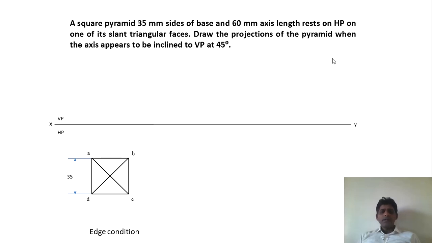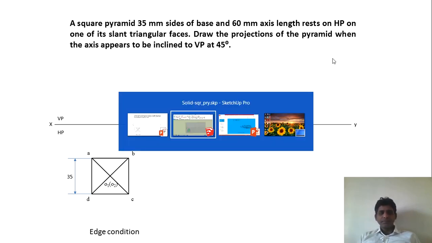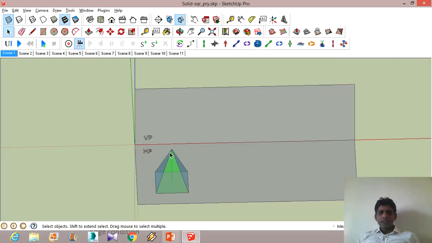These represent the slant edges of the square pyramid, and wherever the diagonals AC and BD intersect, that point is O1 and O2. O1 is the apex and O2 is the point on the base. Observe that O2 was put in brackets.